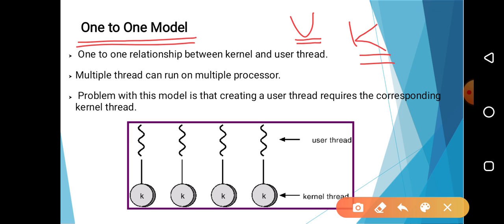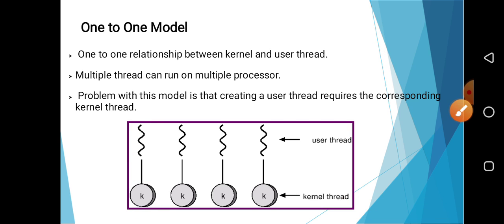So, in the one-to-one model, there is a one-to-one relationship between kernel and user thread. As shown in the diagram, there are multiple threads, but one kernel thread is mapped to one user thread. See the connection between one kernel and one user. So keep in mind UK, one to one.